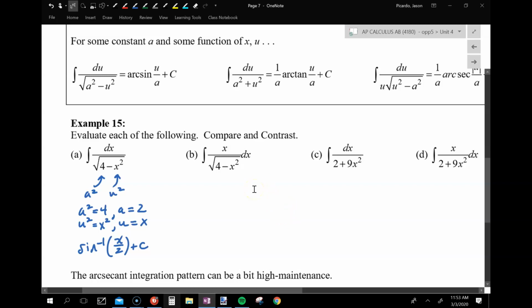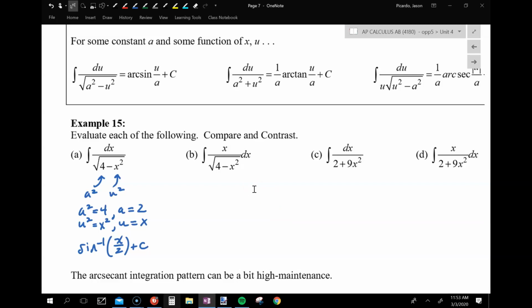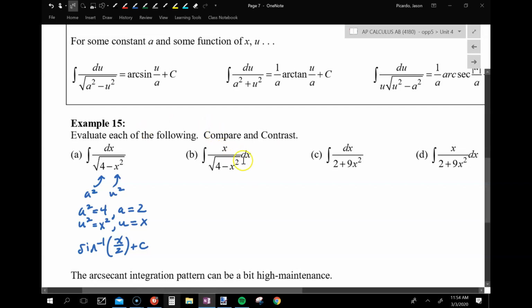Guys, how is 15B different? How is this one different, guys? Yeah, there's an x on top. Now the dx off to the side, this is really the same as that, right? So the dx is in the same position.